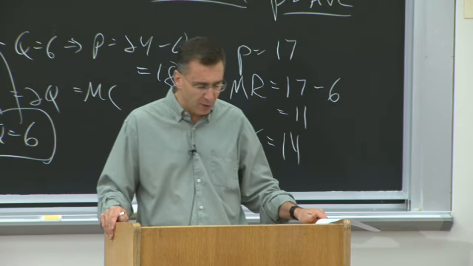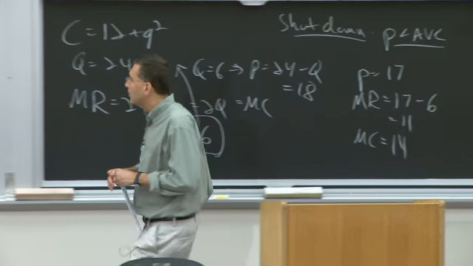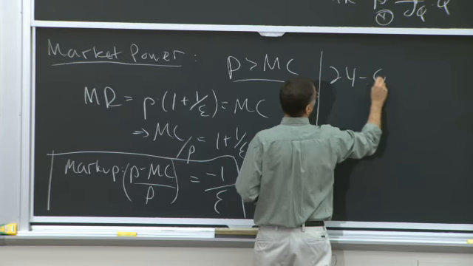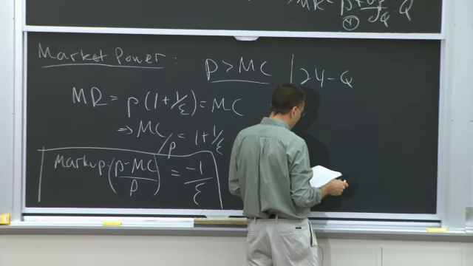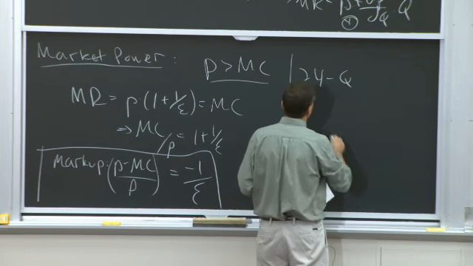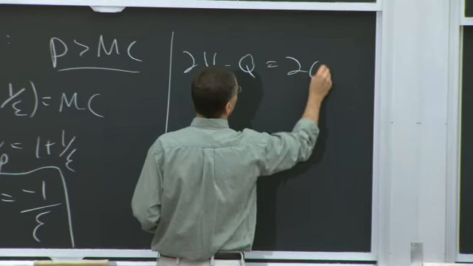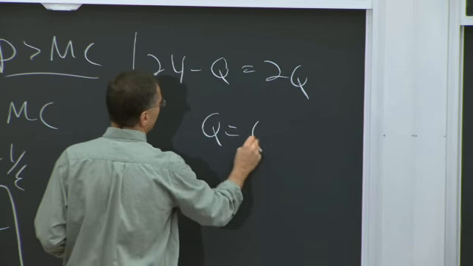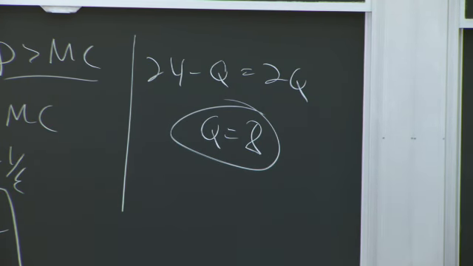The perfectly competitive firm sets price equal to marginal cost. Price comes from the demand curve as 24 minus Q, and marginal cost is 2Q, so the perfectly competitive firm sets Q equal to 8.